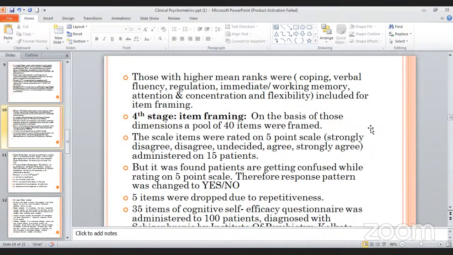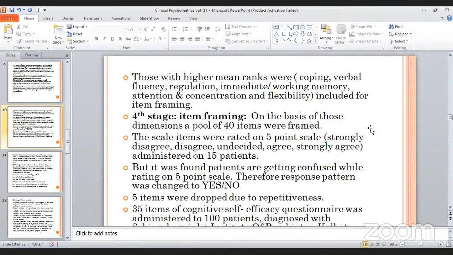So what is item framing? On the basis of those cognitive difficulties, items were framed. A pool of 40 items was framed on the basis of those nine cognitive difficulties.